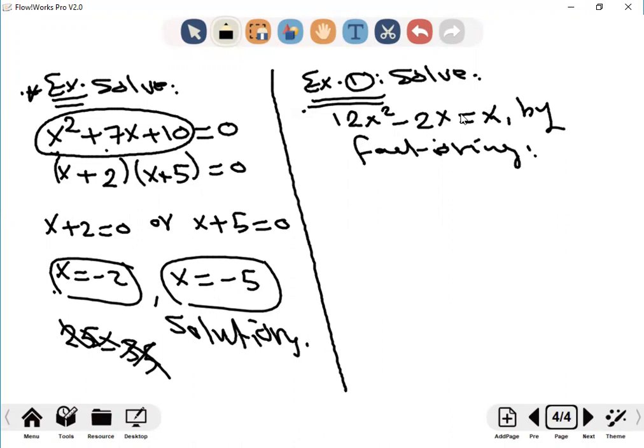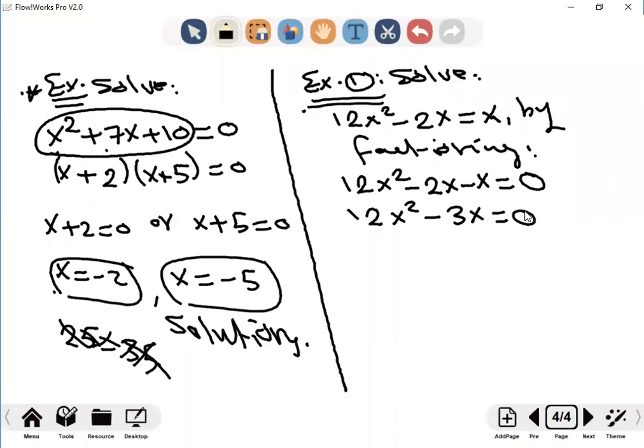First step, I will prepare the equation: 12x power 2 minus 2x minus x equals 0. But here we have like terms. What are they? Negative 2x and negative x. Combine them, it will be negative 3x. So here 12x power 2 minus 3x equals 0.